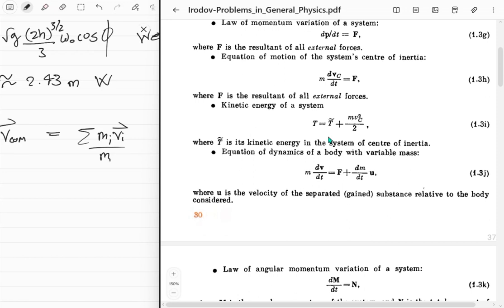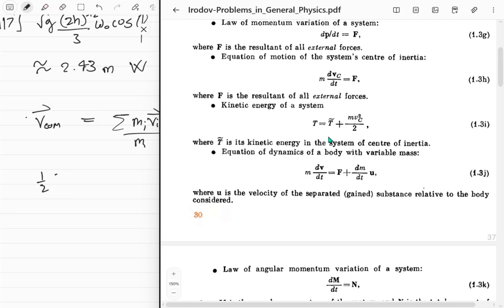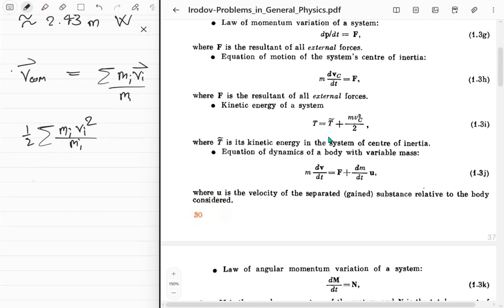Now, what we are looking for is half the summation of m_i v_i squared, but we know that we can write v_i as v_i dash vector plus the velocity of center of mass, which I will just call V_C. They are also calling the same thing.